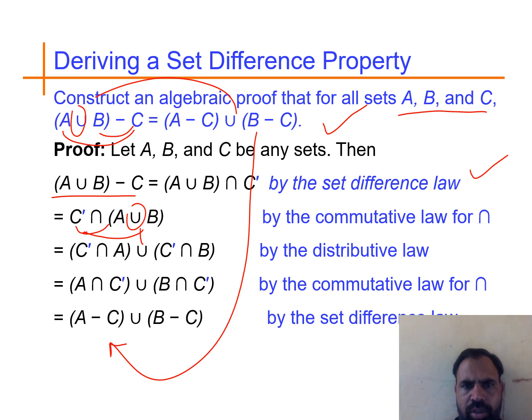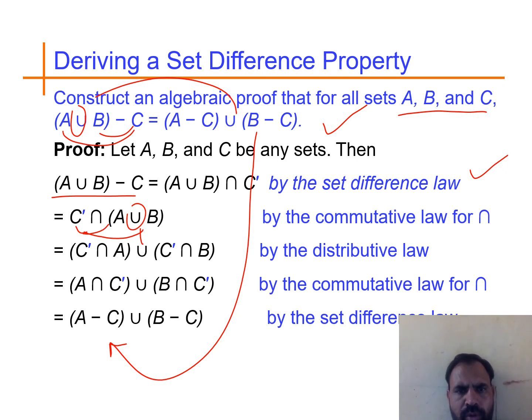So which is equal to A union B intersection C complement. Now we use the commutative law for intersection, C complement intersection A union B. So we take C complement intersection with A union C complement intersection with B, with union.